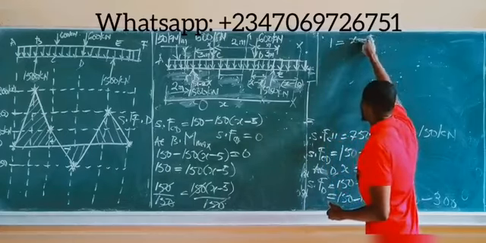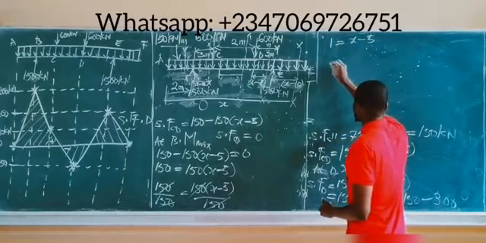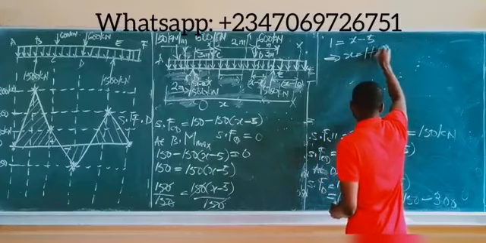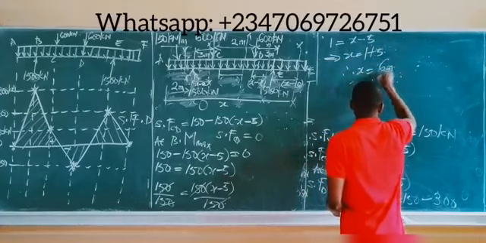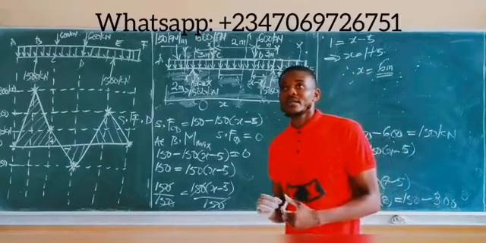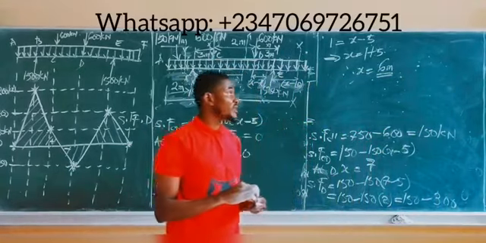Send minus 5 over to this side of the equation, and it becomes positive. That implies x is 1 plus 5, and therefore x is equal to 6 meters. So x equal to 6 meters is the point of maximum bending moment.